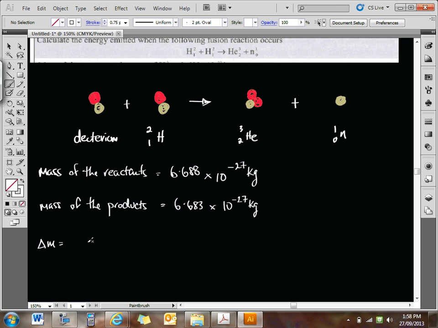Delta M, mass defect, which equals these two numbers, 6.688 by 10 to the minus 27 kilograms minus 6.683 by 10 to the minus 27 kilograms, which is 5 by 10 to the minus 30 kilograms.